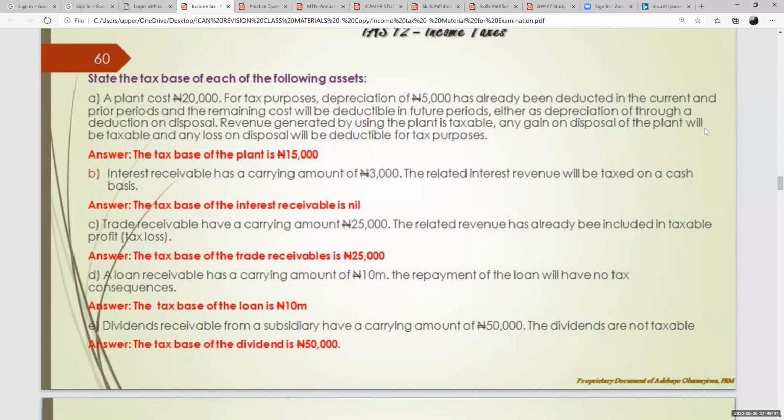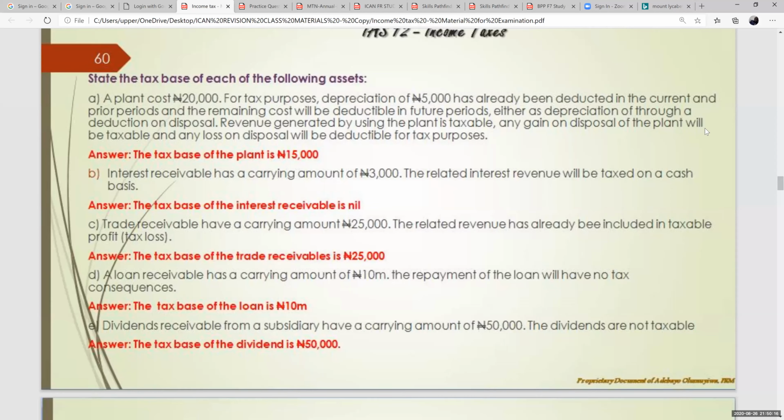If you have a loan receivable in your book, it means you are the lender of money. Now, you lent out 10 million to someone, and we are told that anytime you are repaid the value of your loan, there's no tax consequence on the value of the loan. We are not talking of interest. It means the economic benefit that flows from the repayment of that loan is not taxable.